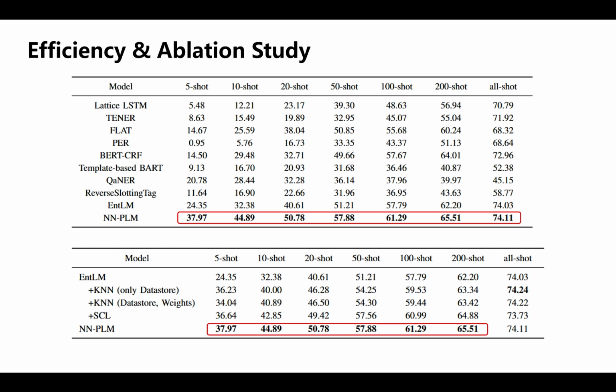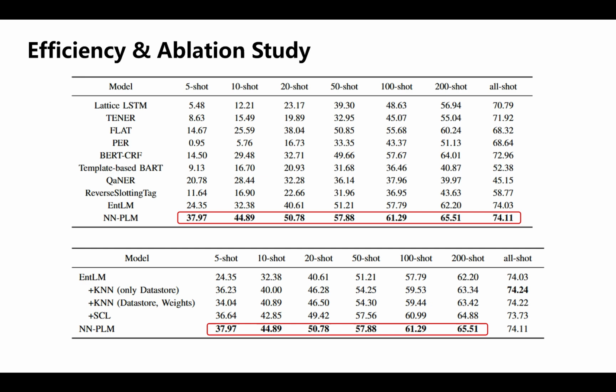SCL-only indicates the fine-tuning by our proposed SCL without the NEN module. From the table, we notice that NEN data store, NEN data store weights, and SCL perform significantly better than NTLM, which demonstrates the effectiveness of the NEN module and SCL objective.